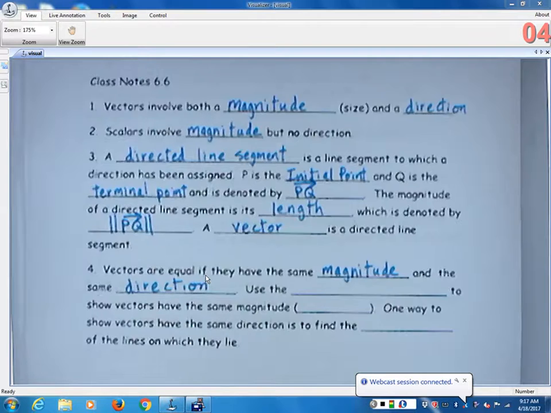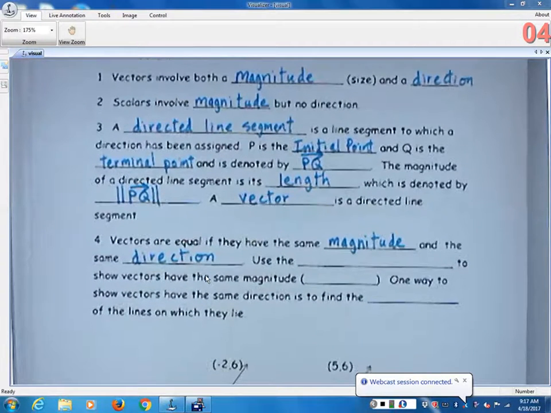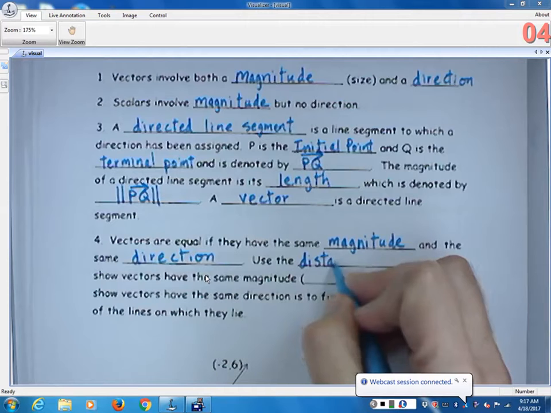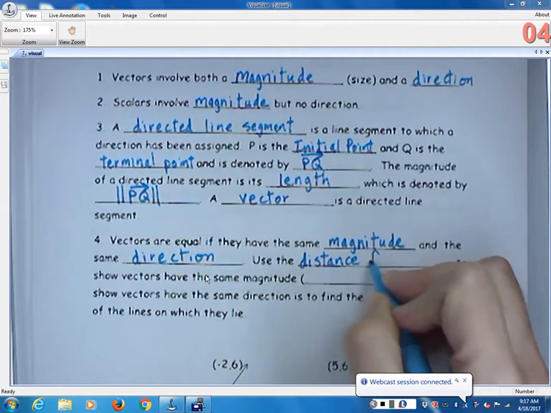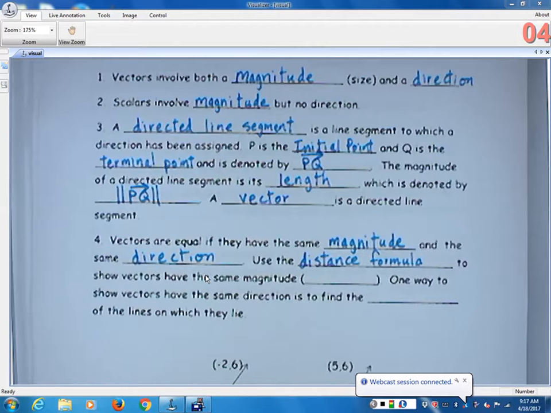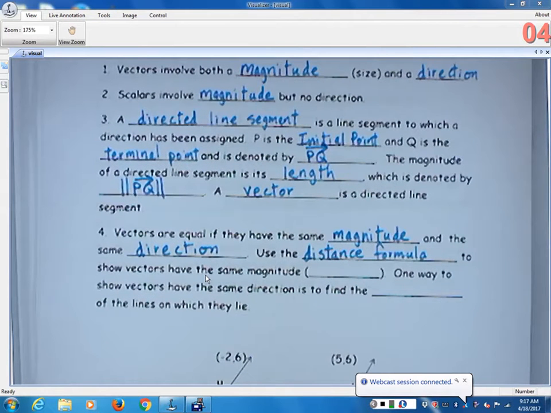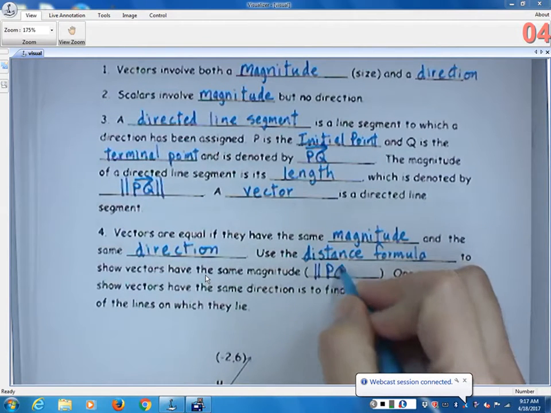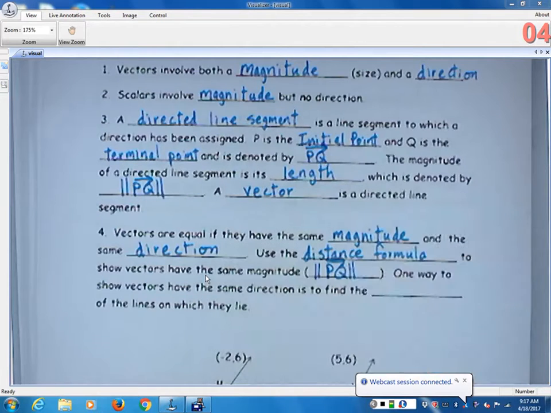We're going to use the distance formula to show vectors have the same magnitude. That means magnitude.